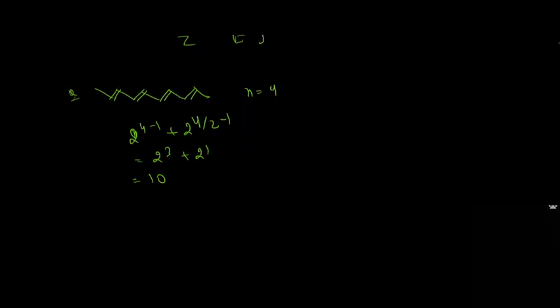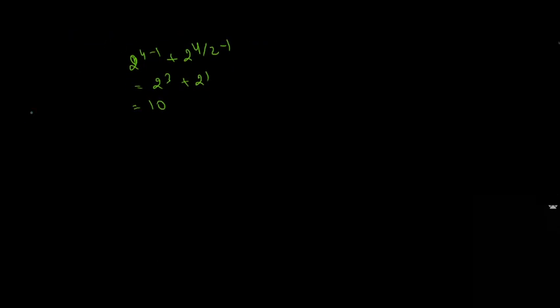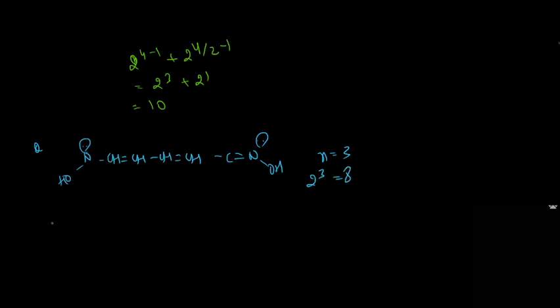But when we count the next one, we have NOH, CH double bond CH, CH double bond CH, and C double bond N. n equals 3. 2 to the power 3 equals 8. Then we have 3 sites, 1, 2 and 3.